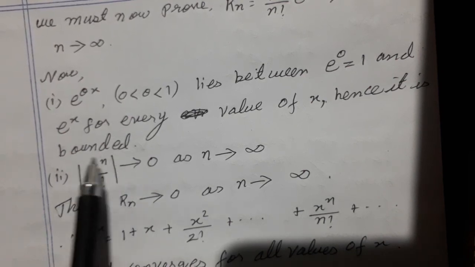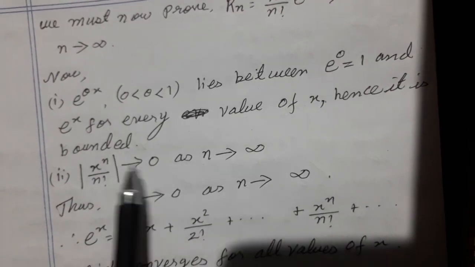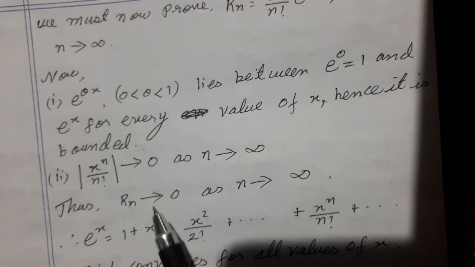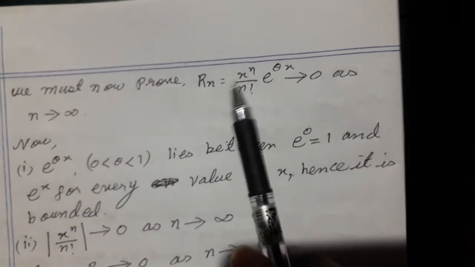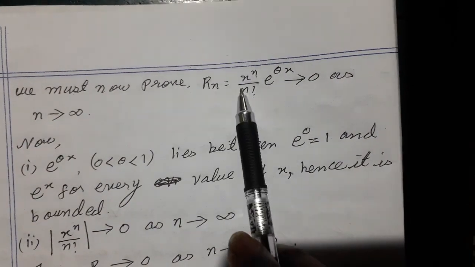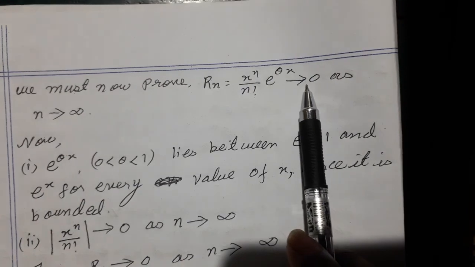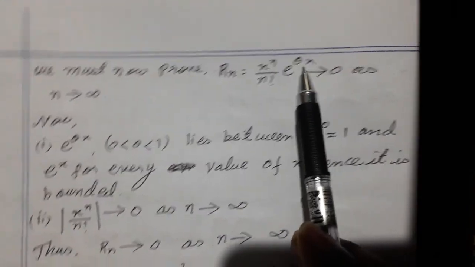So this whole thing will approach 0 as n tends to infinity. Now applying the limit n tends to infinity on both sides, this is approaching 0 and this is bounded, and 0 into a bounded function will always be 0. So we get that the remainder tends to 0 as n tends to infinity.